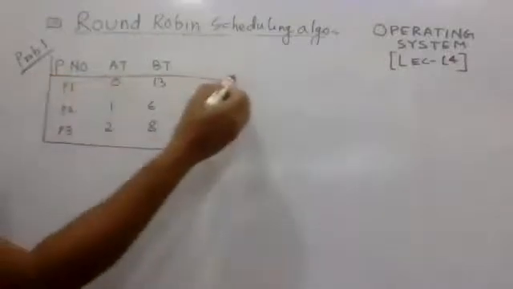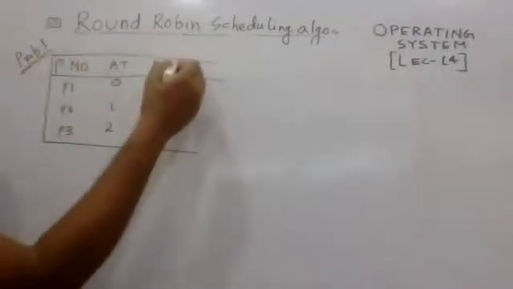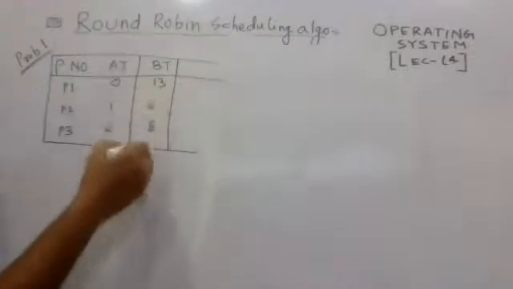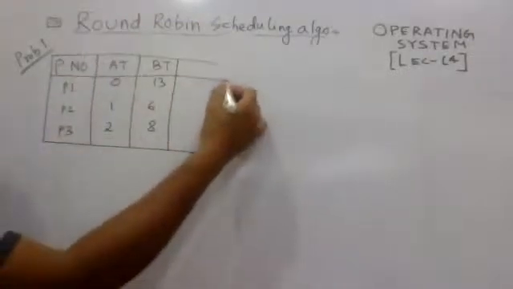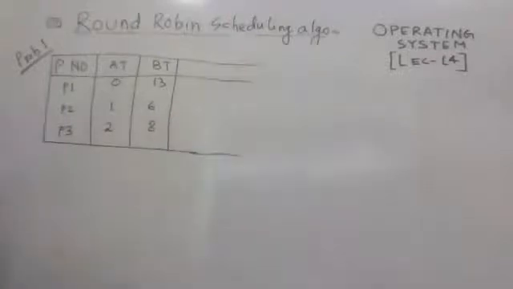This is the given data. Now using round robin scheduling algorithm, we have to calculate the turnaround time, waiting time, response time, throughput, etc. How can we calculate these parameters using round robin algorithm?